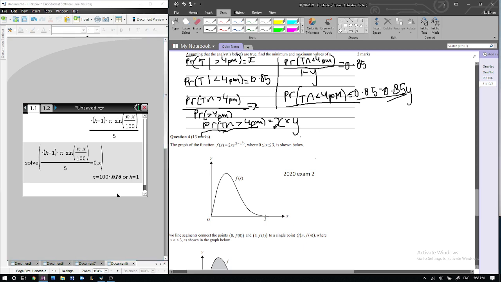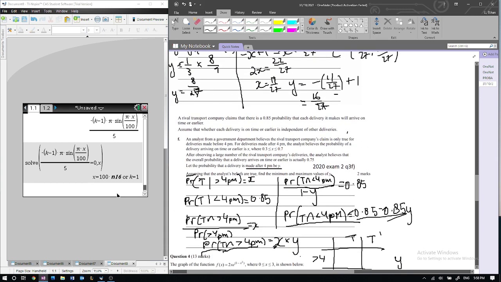Let's draw it out really quickly: T, not T, greater than 4, less than 4. From the question, it gave us that greater than 4 is y. We don't need to fill out the entire thing, because we just need these two, so focus on these two columns.